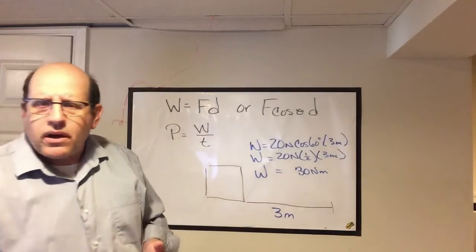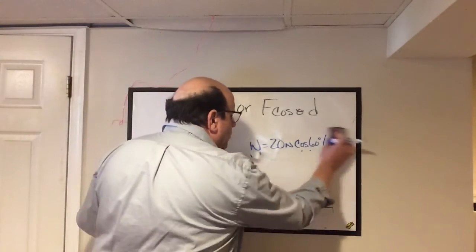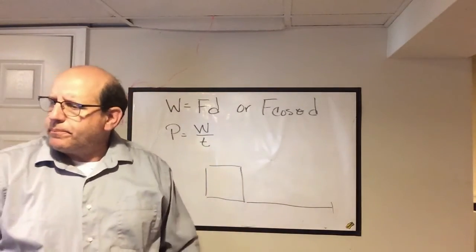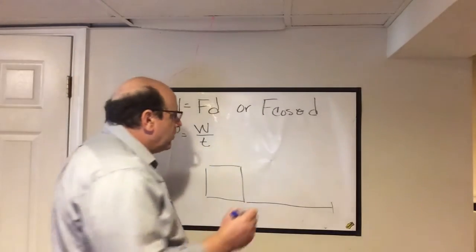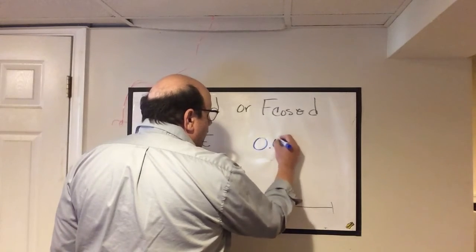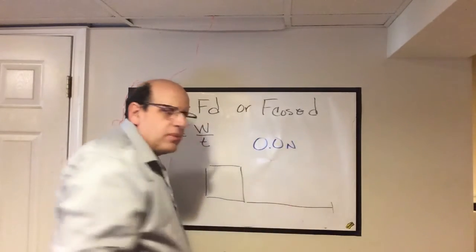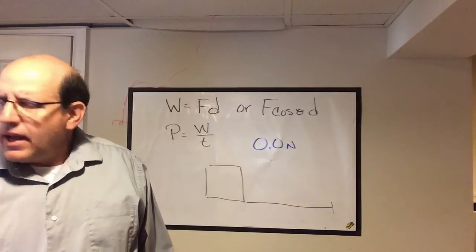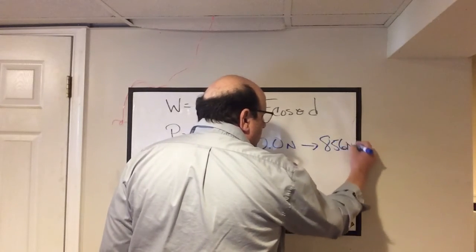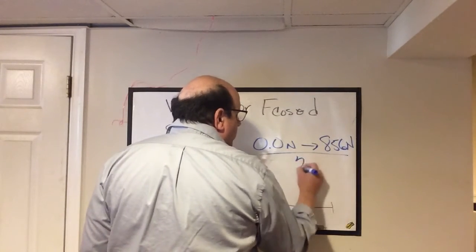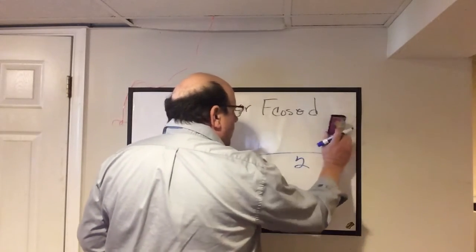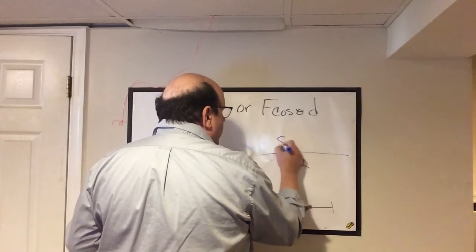Number 4 talks about a crane, and all you have to do is take the average of the force. If a crane starts at 0 newtons of force and ends up at a total of 856 newtons, then we simply find the average. 856 minus 0 is 856.